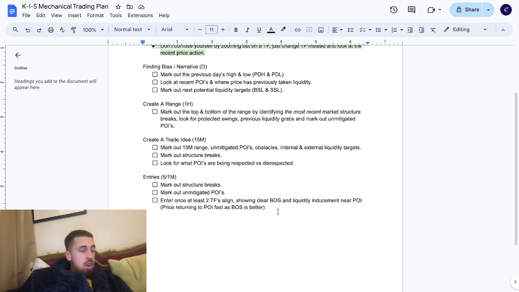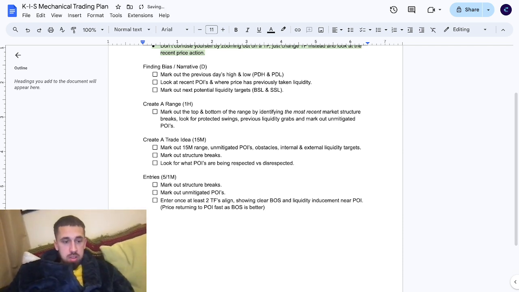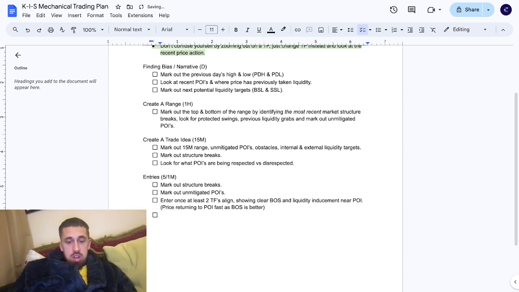Do I need to say entries give stop loss some wiggle room. TP aim for liquidity near opposing POIs, not the POIs themselves.